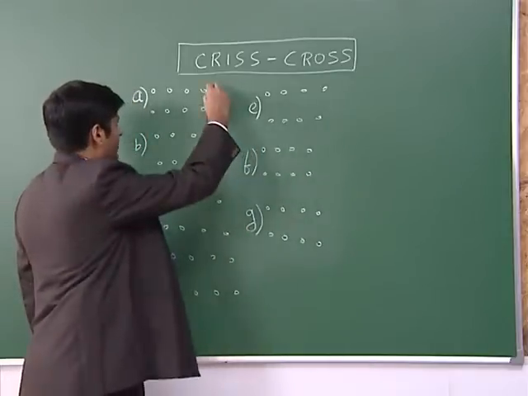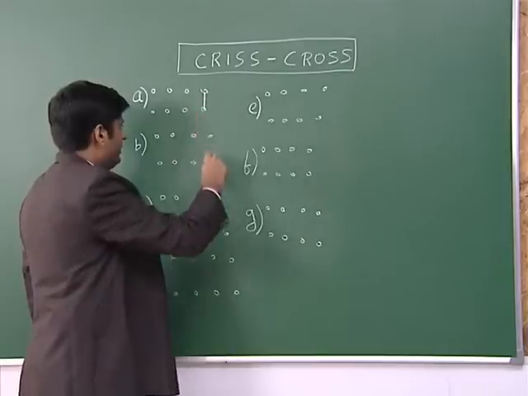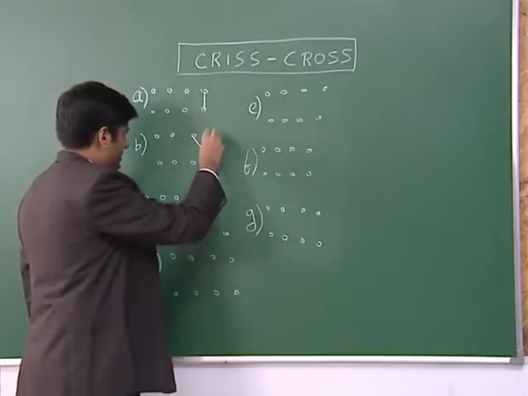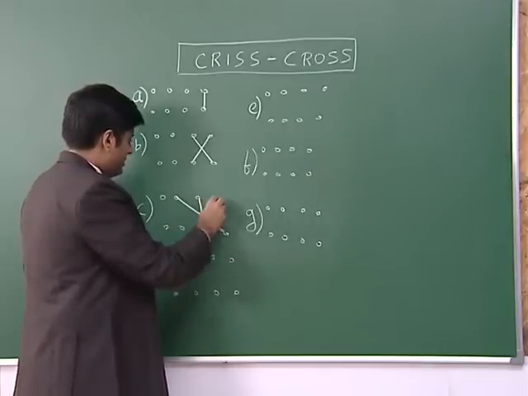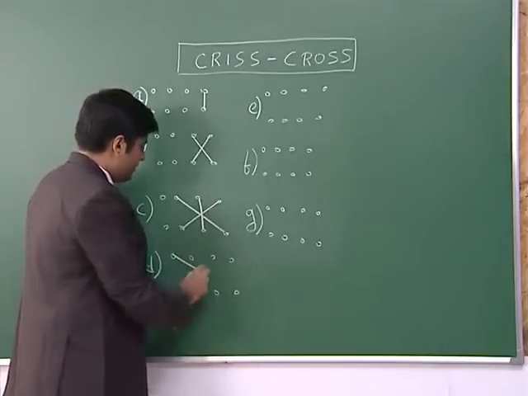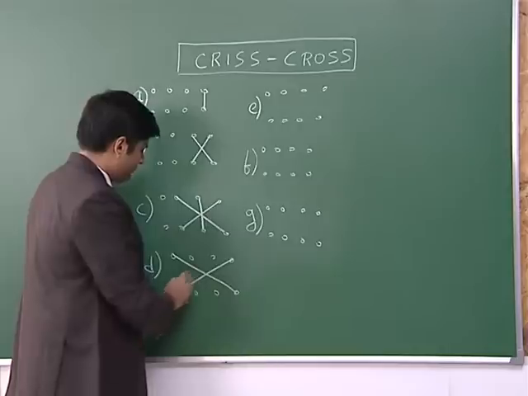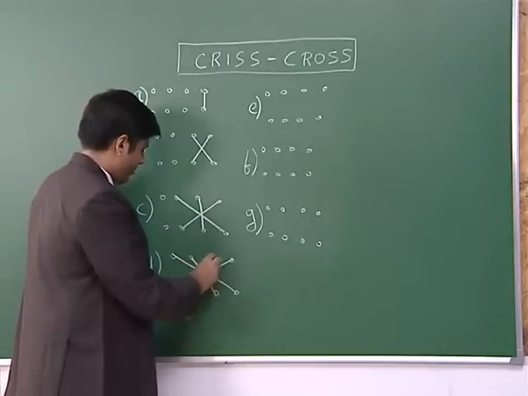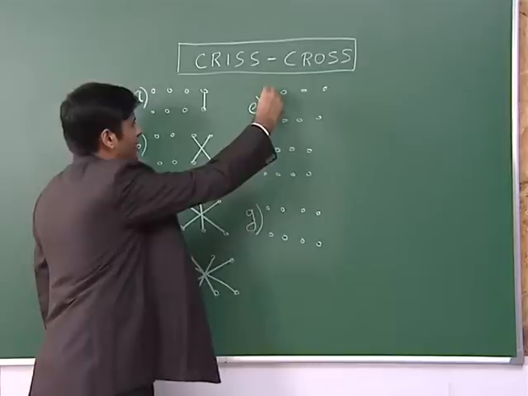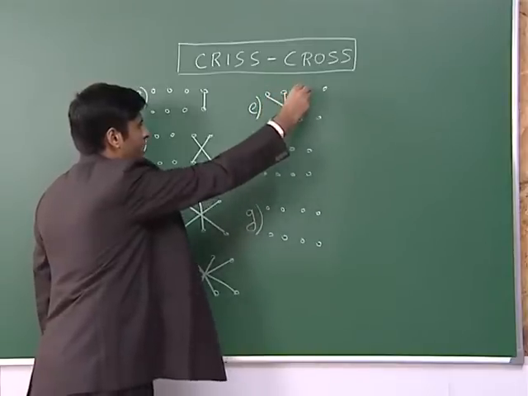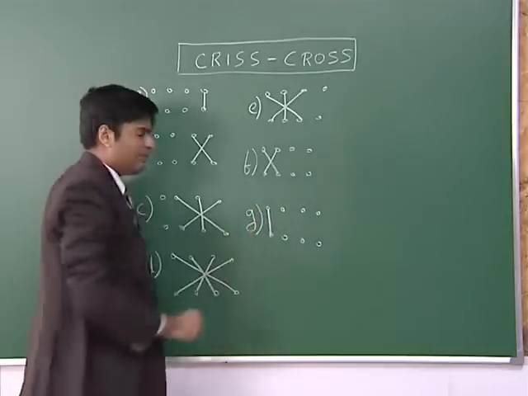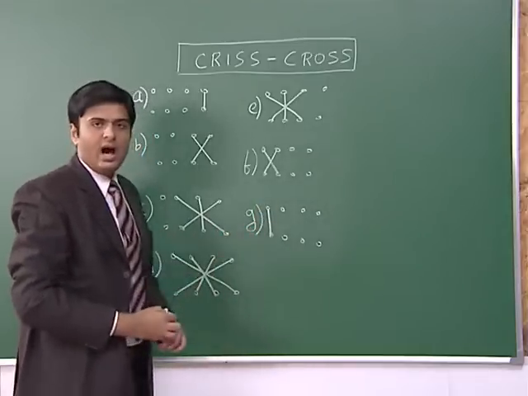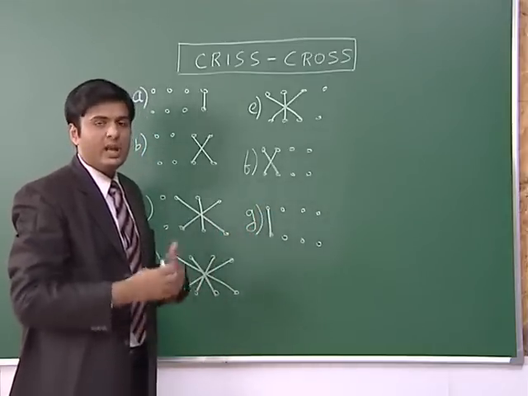So step A goes like this: 1, step B has 2, step C has 3, step D we take all 4, again here we take 3, 2 and 1.